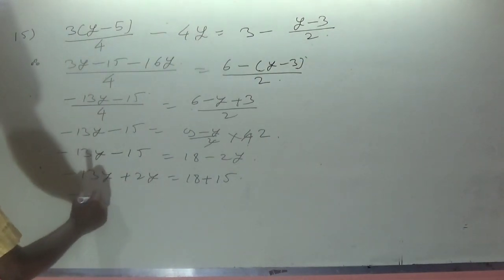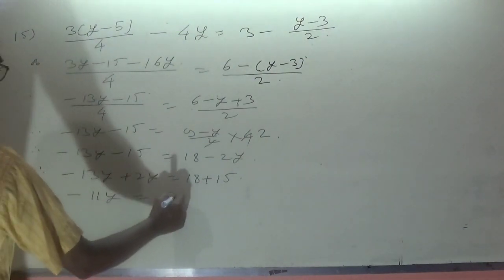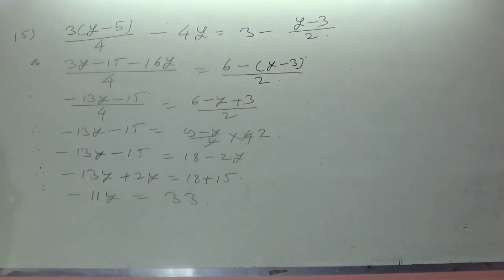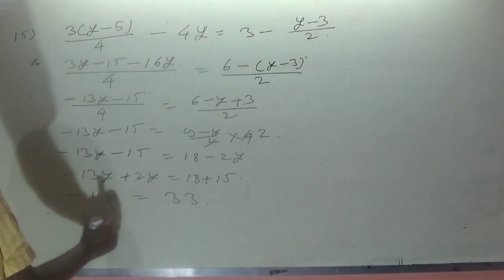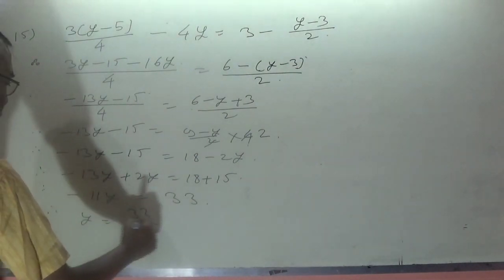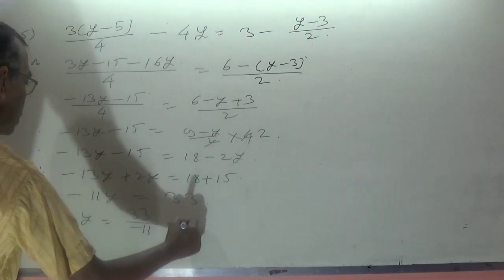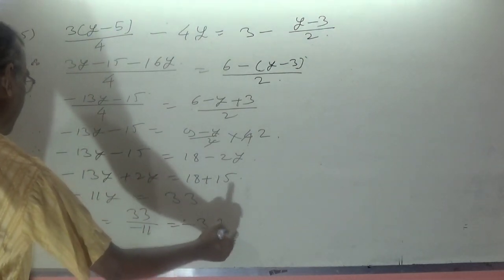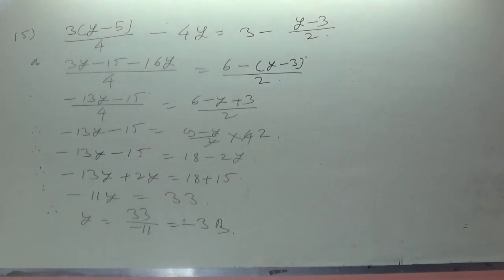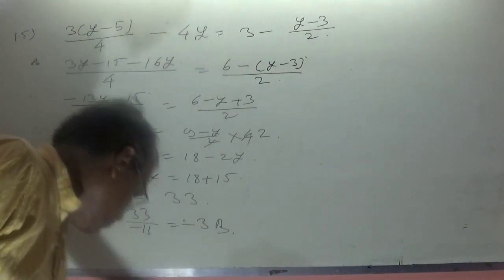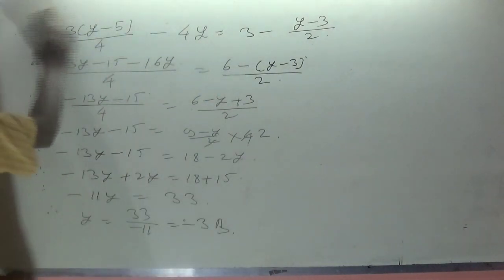Therefore, minus 11y is equal to, I think it is 33. So therefore, y will be equal to 33 divided by minus 11, which is equal to minus 3. Answer. You can verify the things. Now the next question, the last question from this exercise.